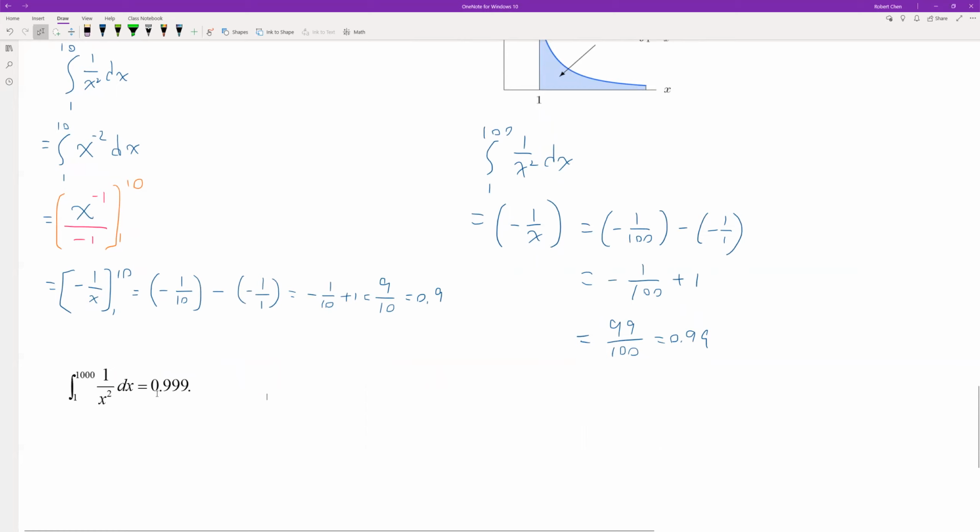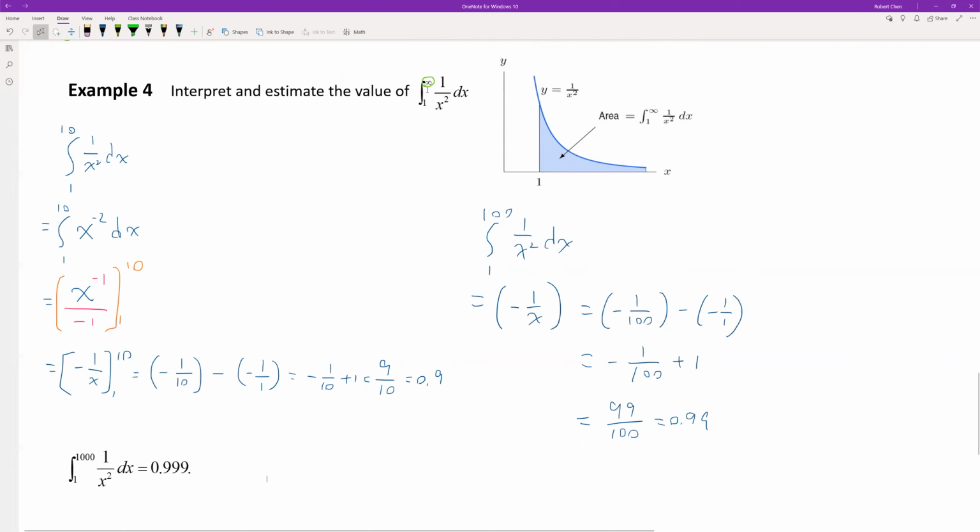We're starting to see a trend here that the larger x value we take for the upper limit of integration, the area under the curve is getting very close to 1. And that is actually a really good estimation, from taking different x values like what we have been doing here, to show that the area under the curve of this improper integral actually goes to 1.